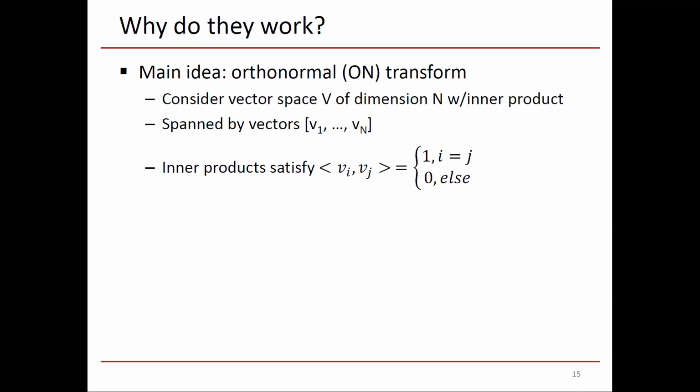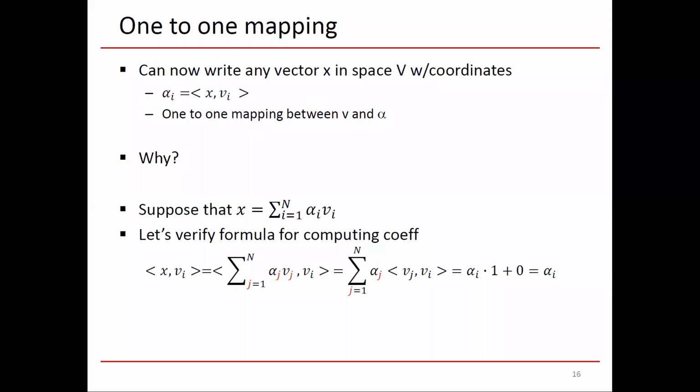That's what an orthonormal transform means. 0 or 1: 1 is the energy in each of the vectors individually, and 0 means the two different vectors are orthogonal, perpendicular.